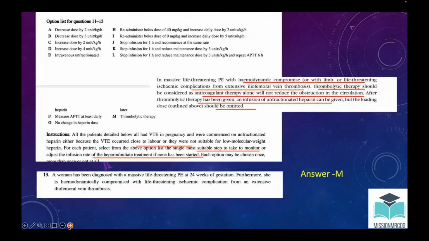In massive PE with hemodynamic compromise or limb-threatening ischemic complication from extensive iliofemoral thrombosis, thrombolytic therapy is considered. It will reduce the obstruction in the circulation, and after thrombolytic therapy, an infusion dose of UFH is given, and the loading dose is omitted. This is again from guideline number 37B.